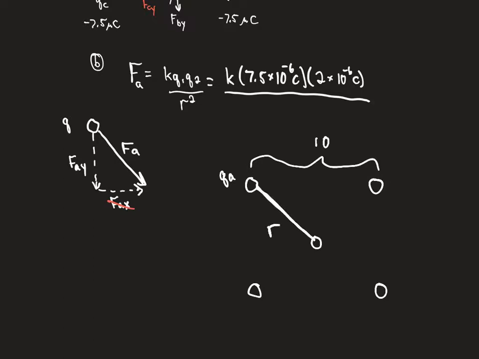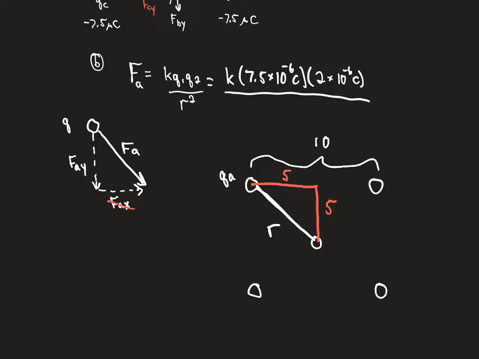That's my R. So to get that, I need to go over and I need to go down. Each of these is 5. Going from the end of the square to the middle of the square, that gets me 5. Then I go from the middle down, that gets me another 5. This is the hypotenuse of this triangle.